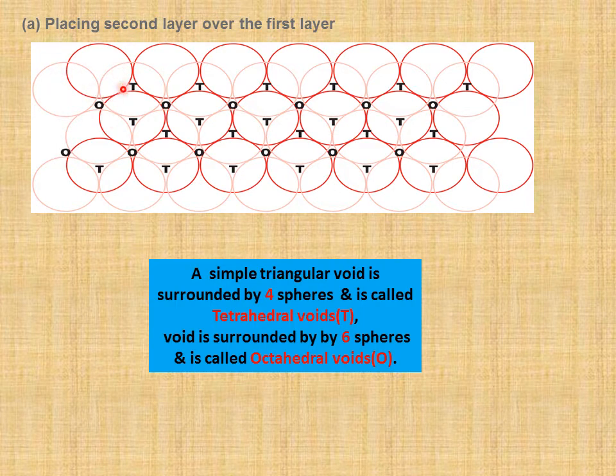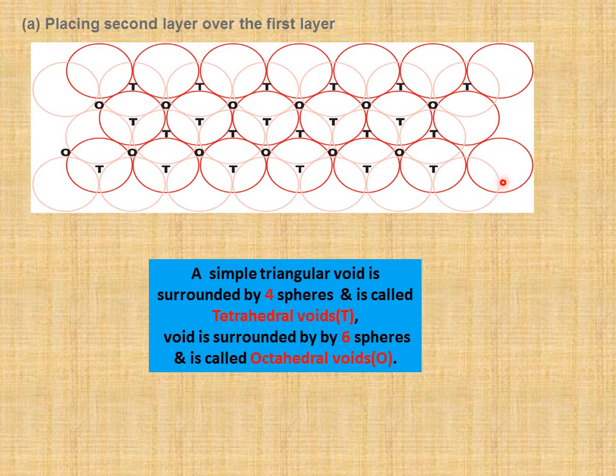See how the second layer is placed: a particular sphere of the second layer comes exactly over a triangular void formed by the first layer. This is how the second layer spheres are arranged.